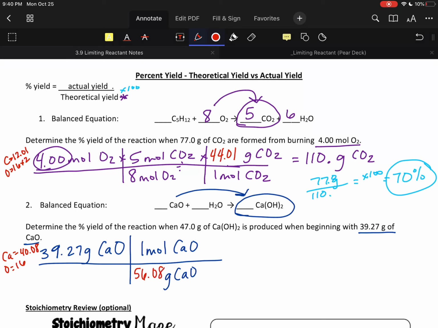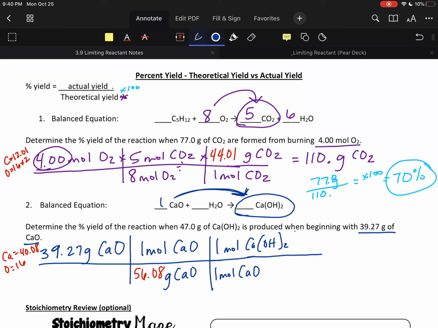So 56.08 grams. Okay, now I can keep going. Now I have moles. I can go from here to here. So 1 mole calcium oxide for every 1 mole of calcium hydroxide.